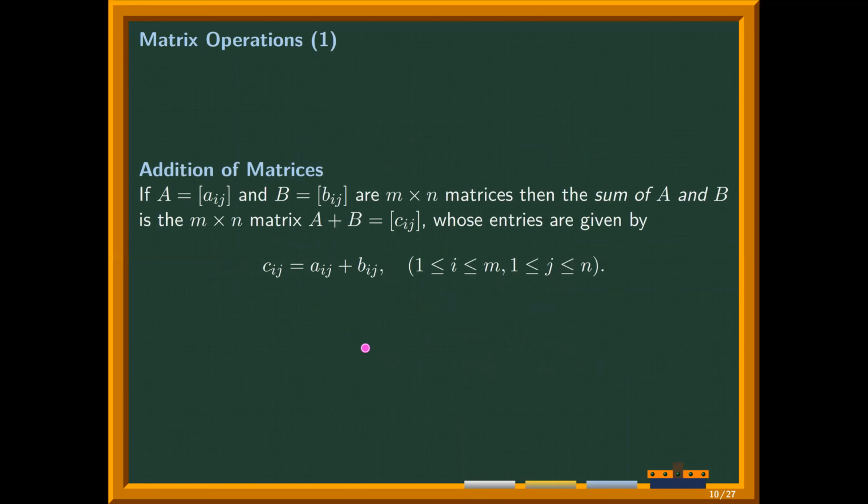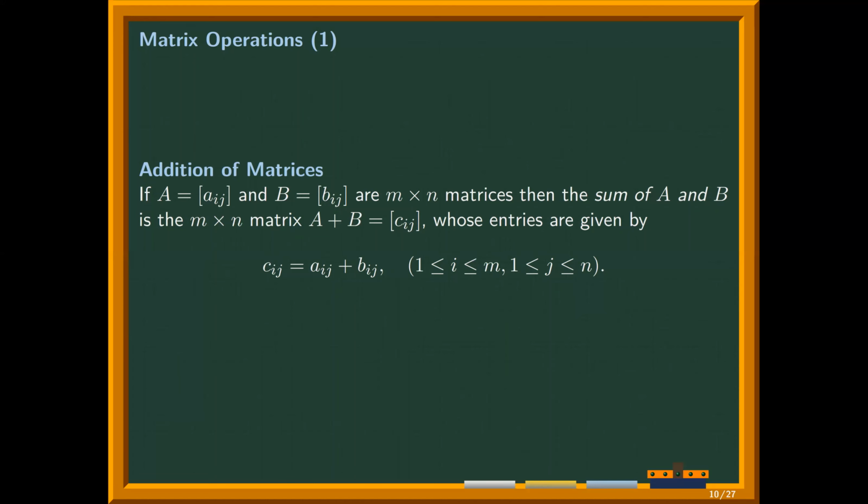Let's now proceed to the arithmetic of matrices. Just like usual numbers, we can perform addition and multiplication with matrices, but one needs to be cautious when performing these operations. For instance, to add two matrices A and B, first they must have the same size.